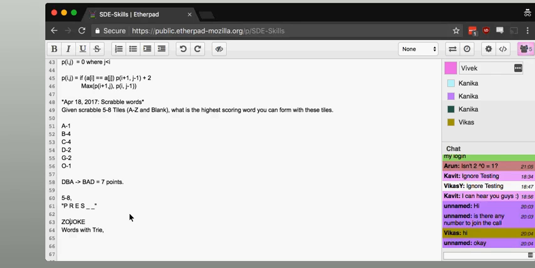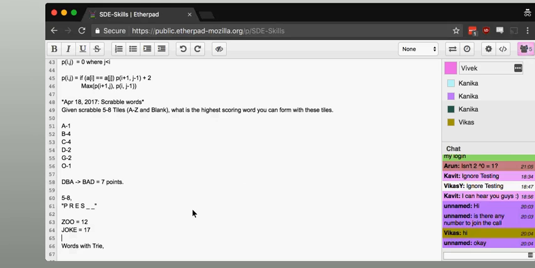If I'm saying sorting, that means Z comes first because it has 10, and Q also has 10, so that comes along with Z. Then you try to form words, which can be done very effectively with the try that one of us was suggesting. So with Z, you'll see what other words you will probably be able to form.